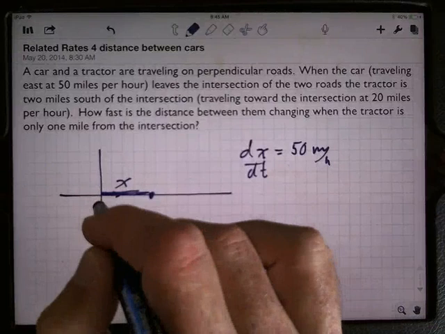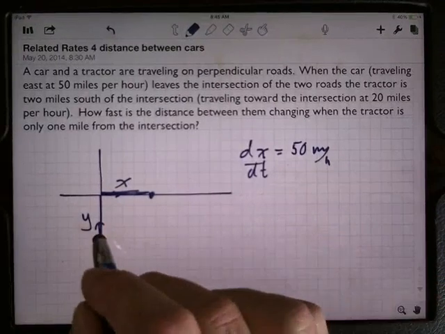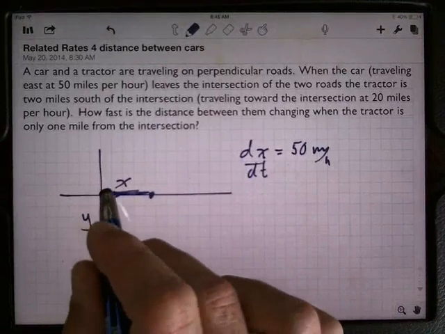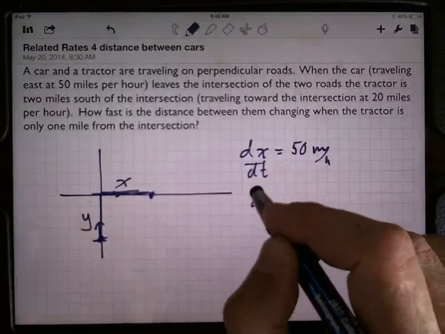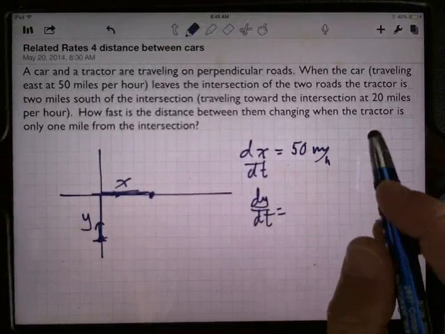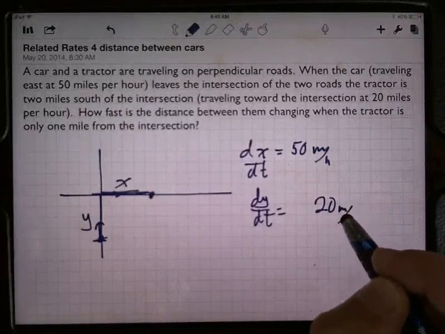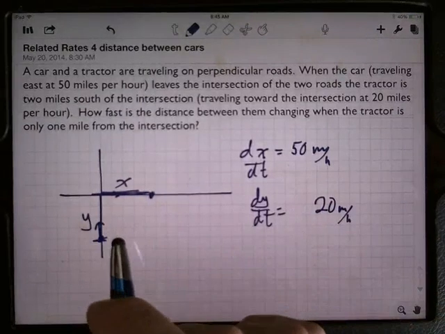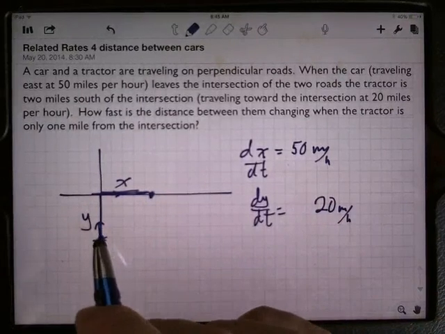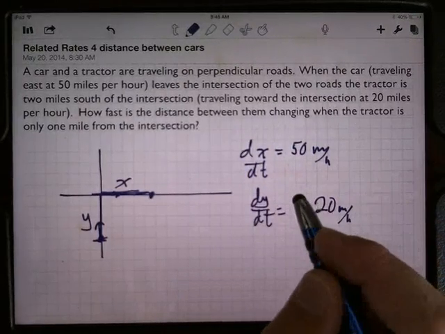Likewise, I'm going to call this distance right here y, and this will be the distance the tractor is from the intersection. So dy/dt, the rate of change here, is 20 miles per hour. But actually, it's not 20 because y is getting smaller. The tractor is approaching the intersection, traveling toward it.